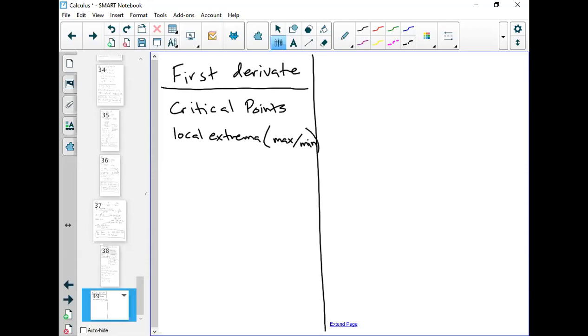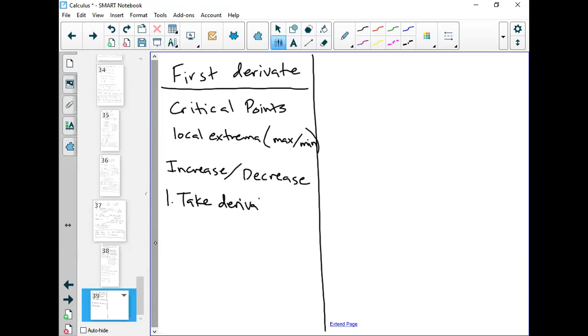Okay. And then after that, we determined the intervals of increase or decrease. And to do those things, you can do any one of them. As a matter of fact, you can do all of them basically at the same time by following a few steps. The first step is to take the derivative.